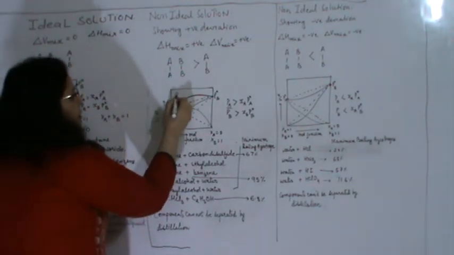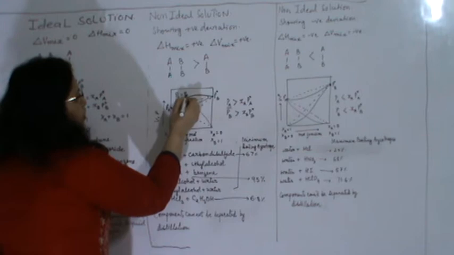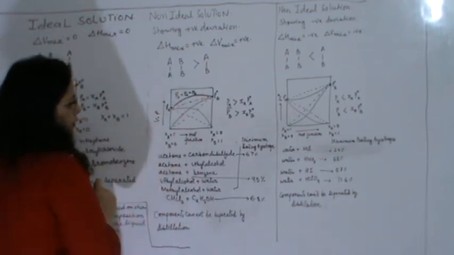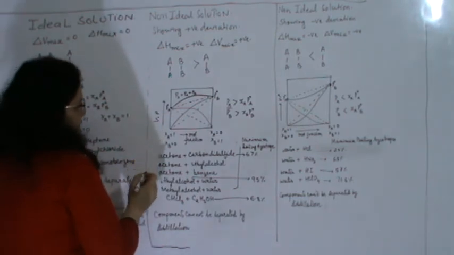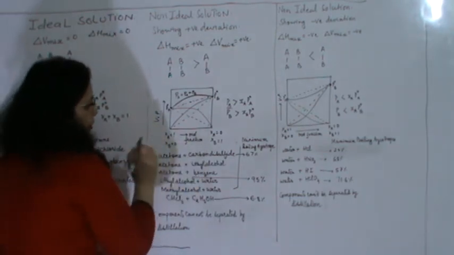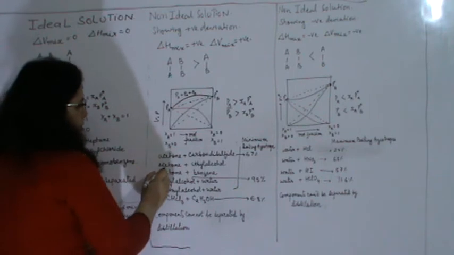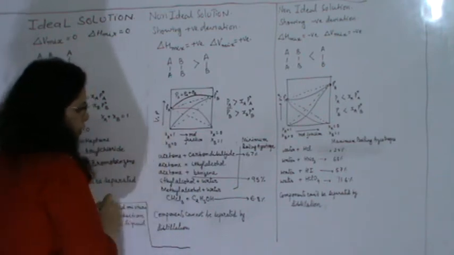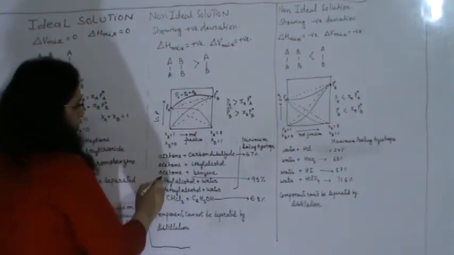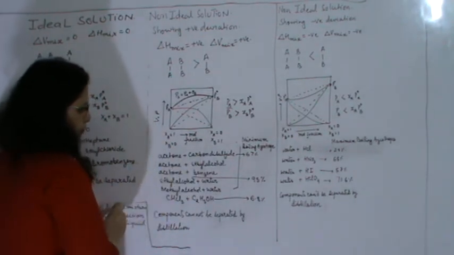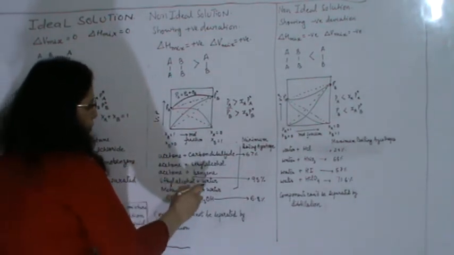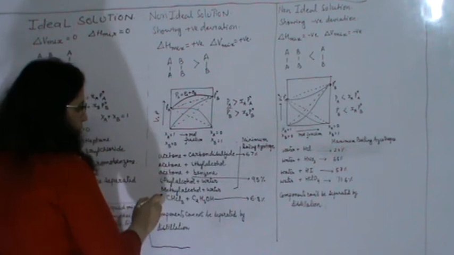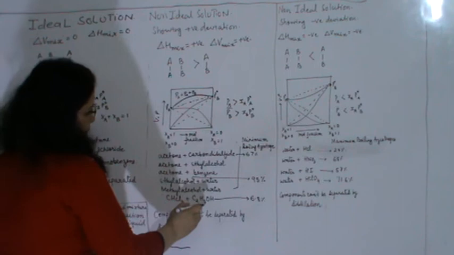So as a result, the vapor pressure of the solution is also more than expected. If we take the examples, we have acetone and carbon disulfide, acetone and ethyl alcohol or ethanol, acetone with benzene, ethanol with water, methanol with water, chloroform with ethanol.